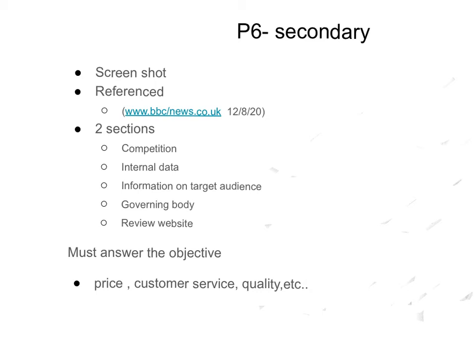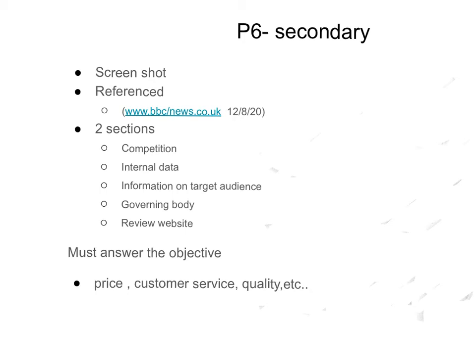Right, if we just go through the list then, so we've got a screenshot there. Very simply, you find something on the internet, you print screen it, and then you paste it into your Google Docs. Now your coursework, this P6 secondary, Google Forms primary, that'll be outside your Google Docs, but you can still design your focus group questions and your interview questions.